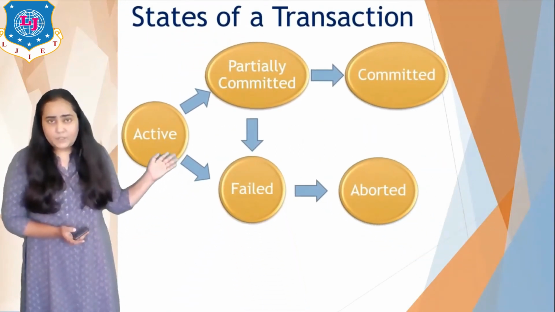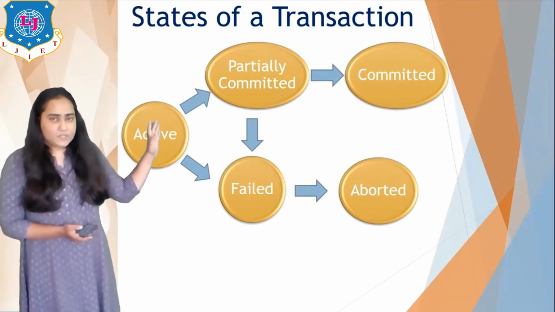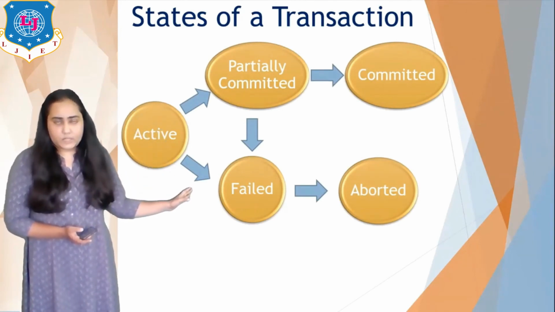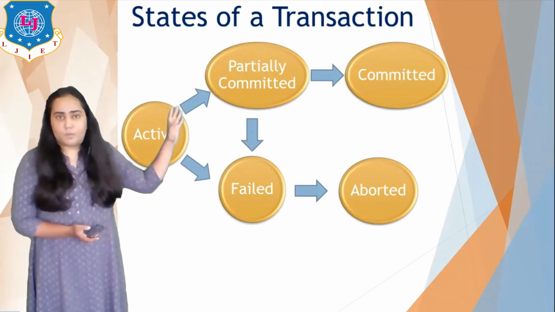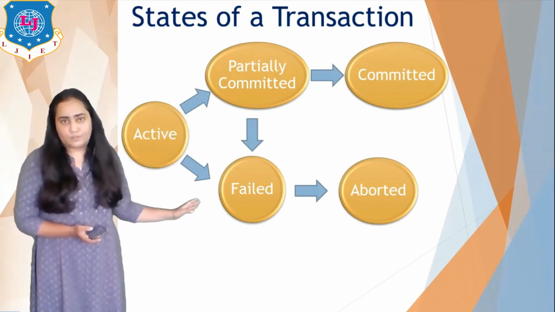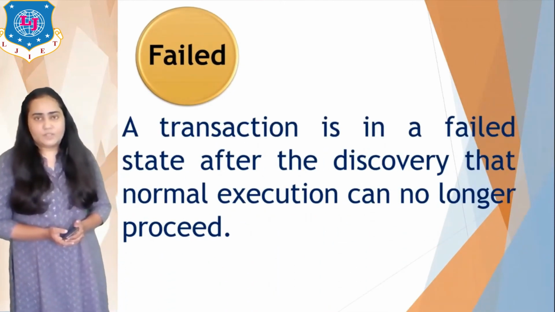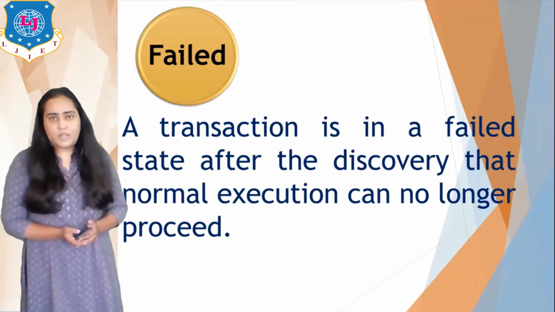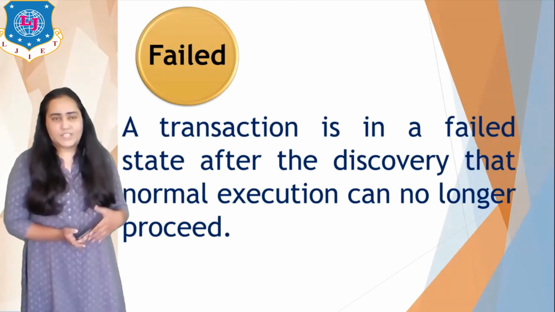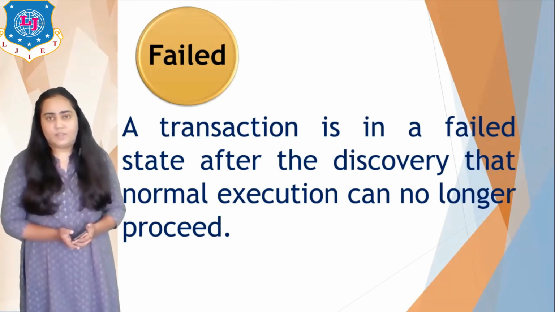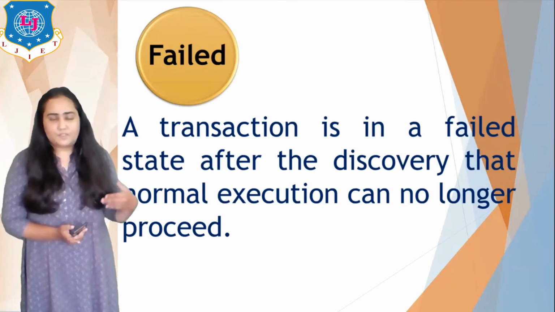And then, like I mentioned, a transaction from active state can go to a failed state, and also a transaction from a partially committed state could go to a failed state. So what is the failed state? The failed state is when a transaction has failed after a discovery that it cannot proceed with its normal execution because of some type of error.